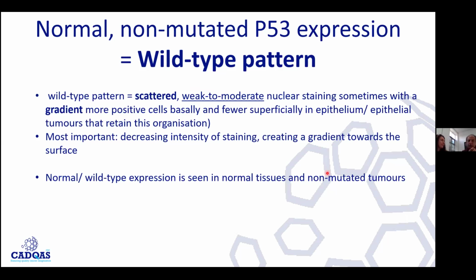Yeah. So I think this is the most important message, is that we're always used to immunohistochemistry to say how many cells are positive, what's the staining intensity, and then we have some threshold, more than 30% means this, less than 5% means this, etc. But now the game is different. We are looking at patterns and say, this is the pattern of the mutated protein rather than the wild type protein.